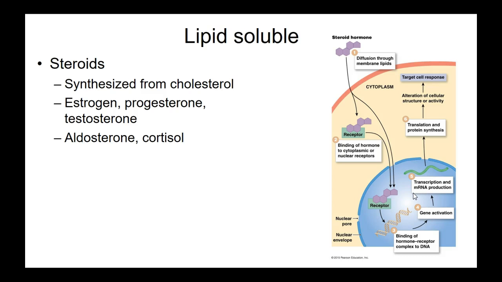So steroid hormones can easily get inside the cell, bind to the receptor, and then cause a whole host of things to happen, just like what we saw with G protein coupled receptors. A lot of times, when that hormone binds the receptor, it translocates into the nucleus to cause genes to be turned on and off.